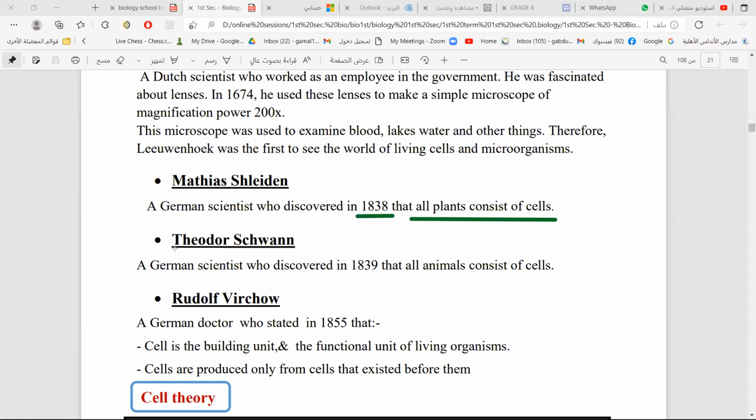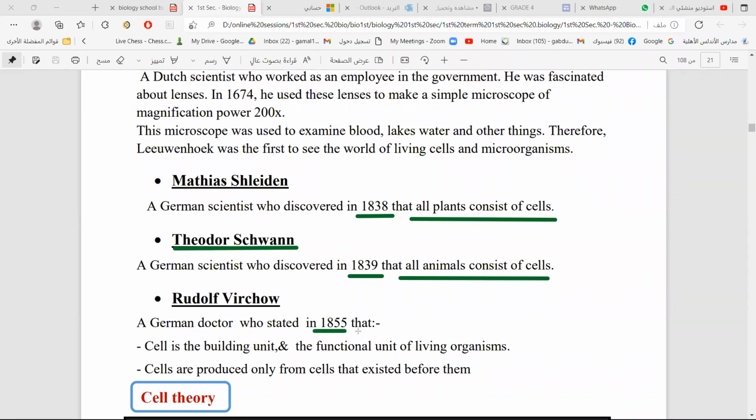Another scientist, Theodor Schwann, in the year 1839, said that animals are also made up of cells. Schleiden said plants are made of cells, and Schwann said animals are also made up of cells.